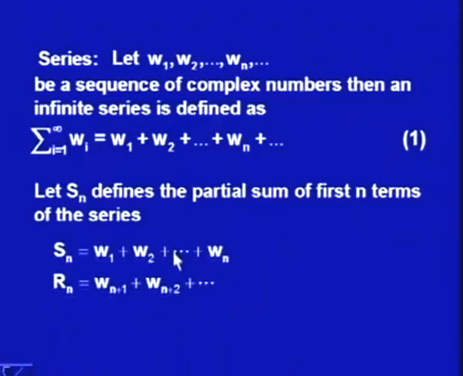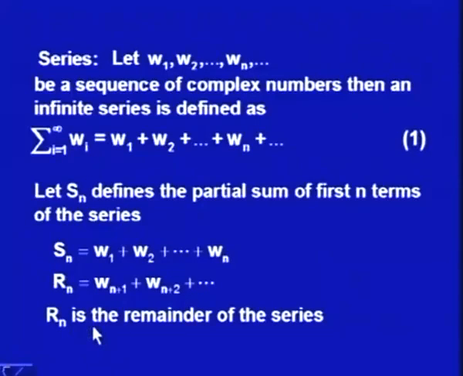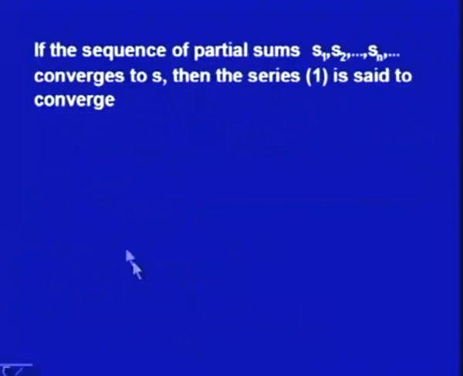That means Sn is equal to w1 plus w2 plus wn, then Rn is the sum of the remaining terms, wn plus 1 plus wn plus 2 and so on. Then Rn is called the remainder of the series, and if the sequence of partial sums S1, S2, Sn converges to S, then the series is said to converge. So S is equal to Sn plus Rn.